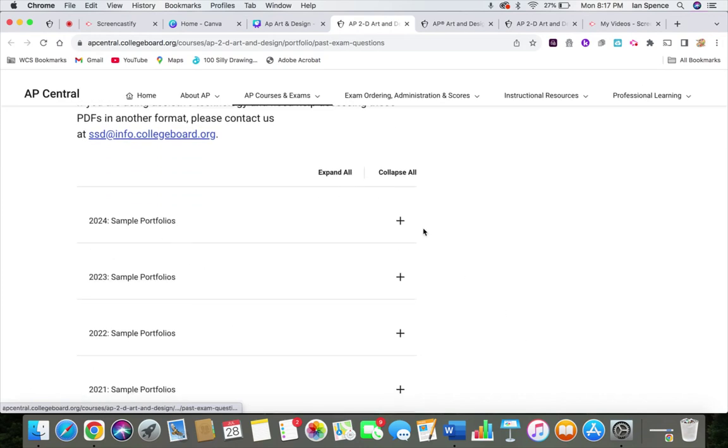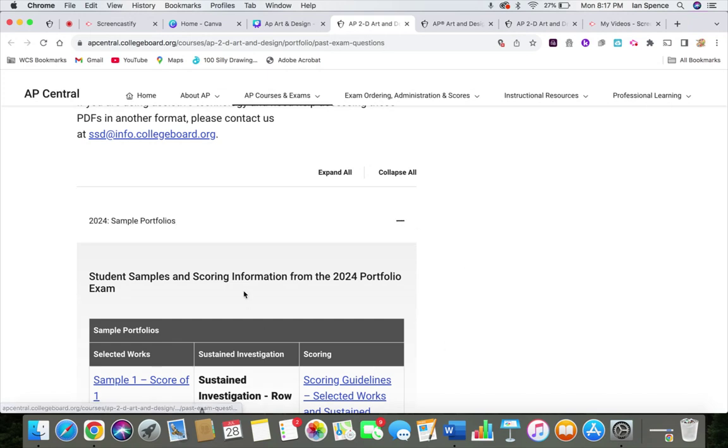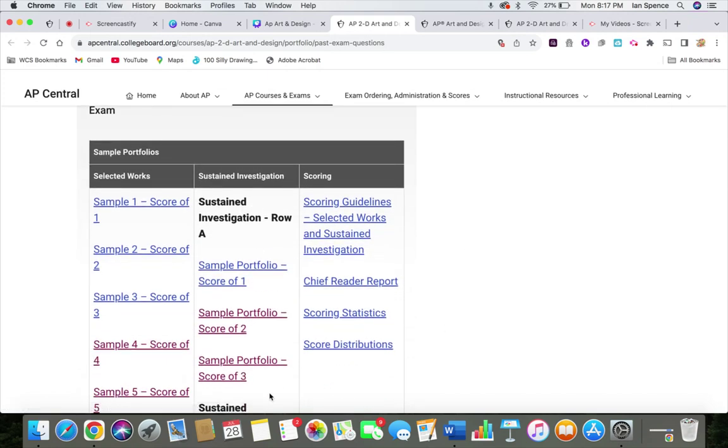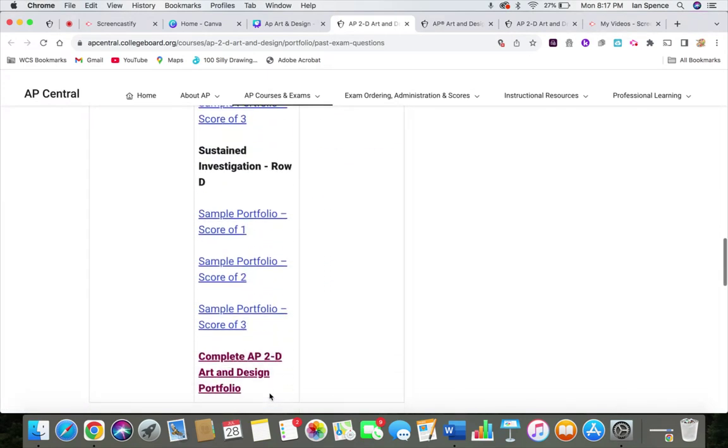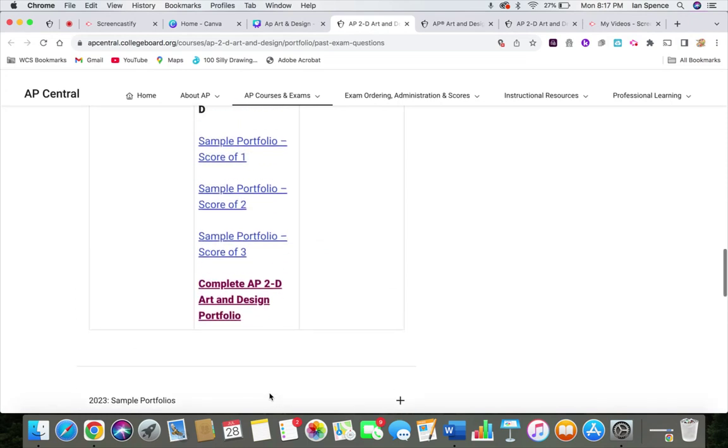So I'm going to go to the 2024 example. Hopefully they'll have the 25 example in October and we can look at that too. But anyway, I'm going to go to the complete portfolio.